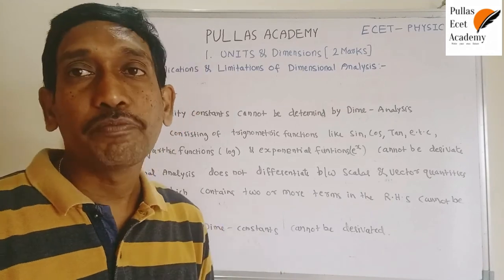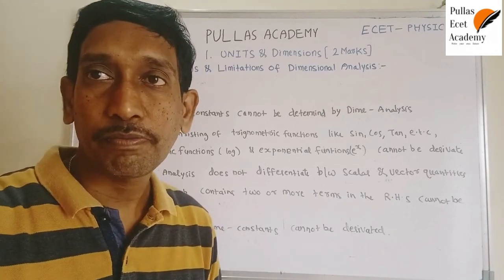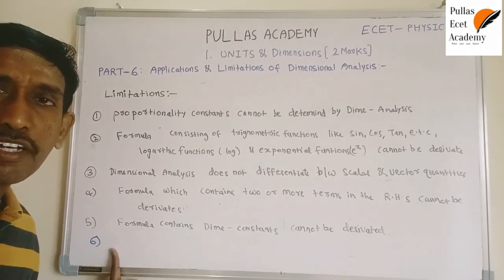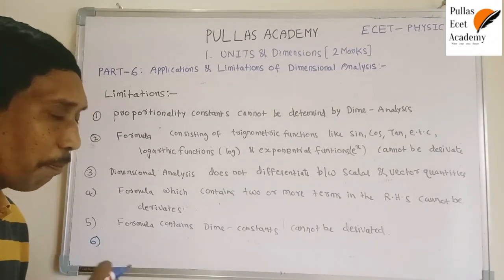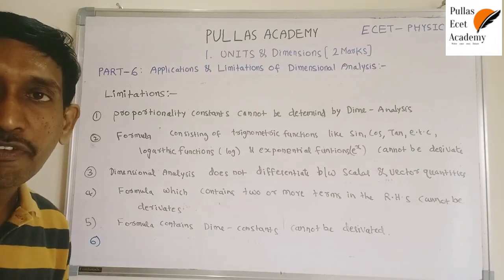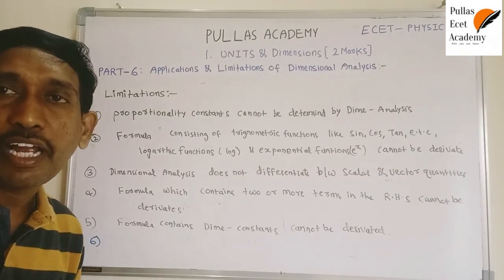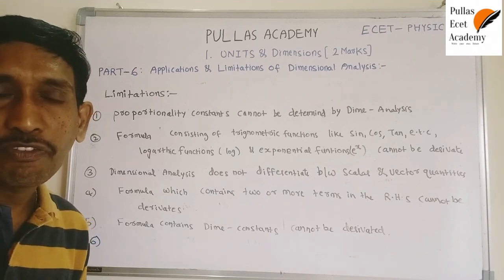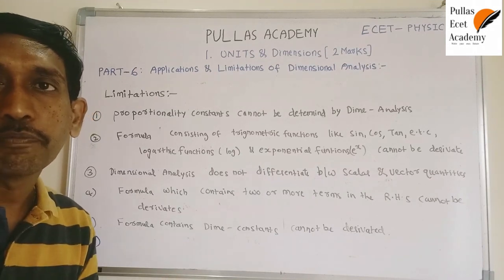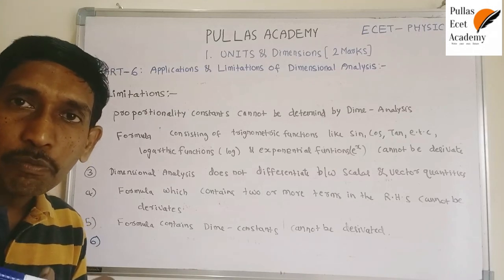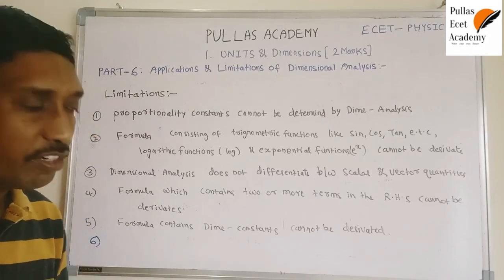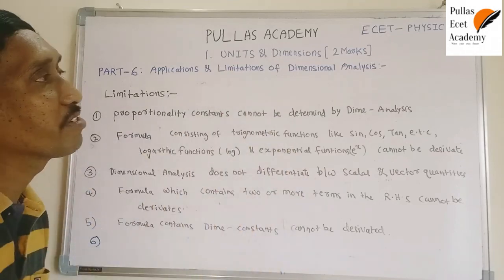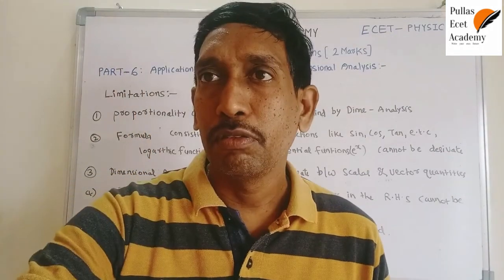One more limitation also: it is very difficult to apply the dimensional method when the physical quantity depends upon more than 3 fundamental quantities, that is, more than mass, length and time. If it depends upon more than these 3 fundamental quantities, it is very difficult to apply. These all are the limitations of dimensional analysis.